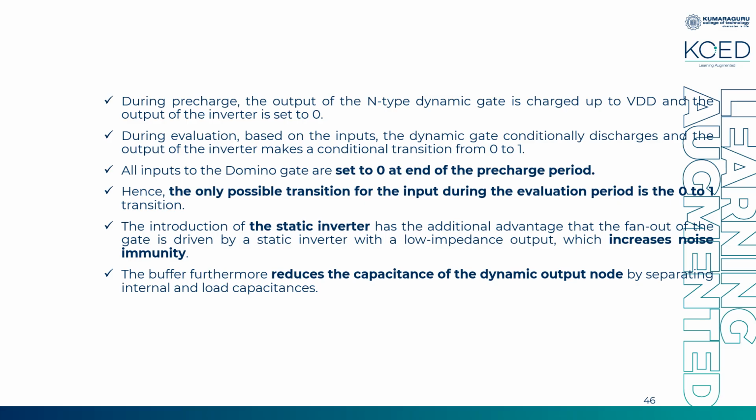Compared to the entire dynamic logic pull down network, இது எல்லாத்தோடைய capacitance விட ஒரு normal inverter capacitance கம்மியா தான் இருக்கும். Okay, so it reduces the capacitance of the dynamic output node by separating your internal and load capacitances. Fine, so this will be simpler, or it will be lesser compared to the actual capacitance calculated in case of dynamic CMOS logic style.